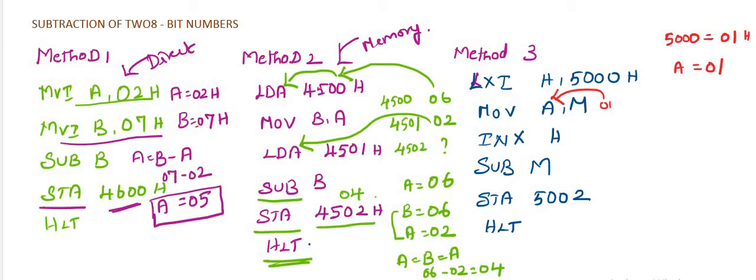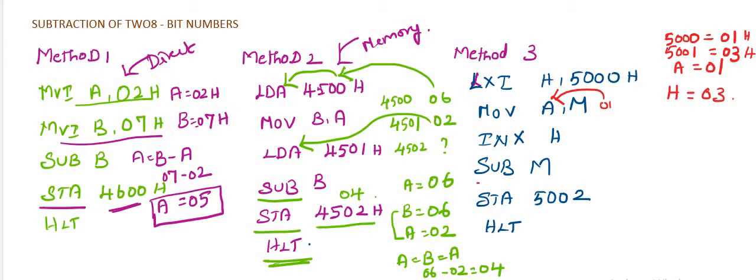Next, INR H. For example, at 5001 there will be the value 03, and that memory value 03 is accessed.